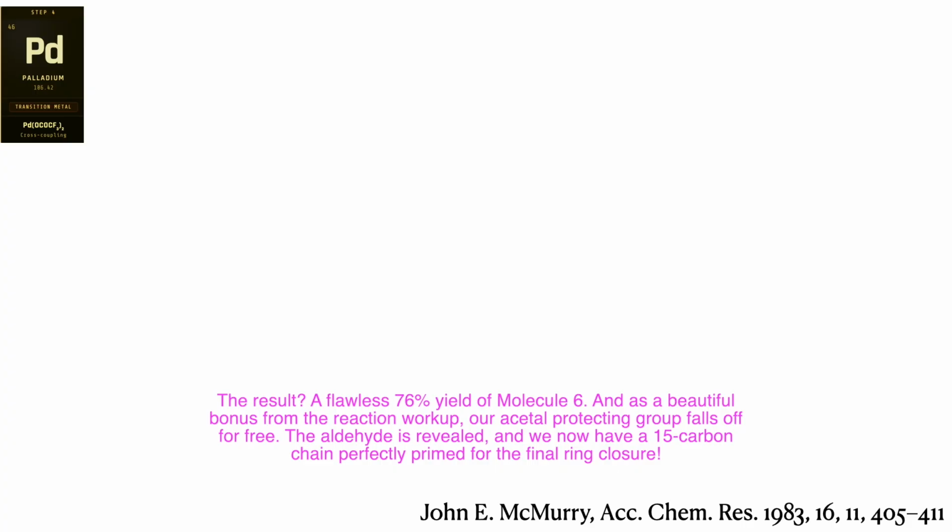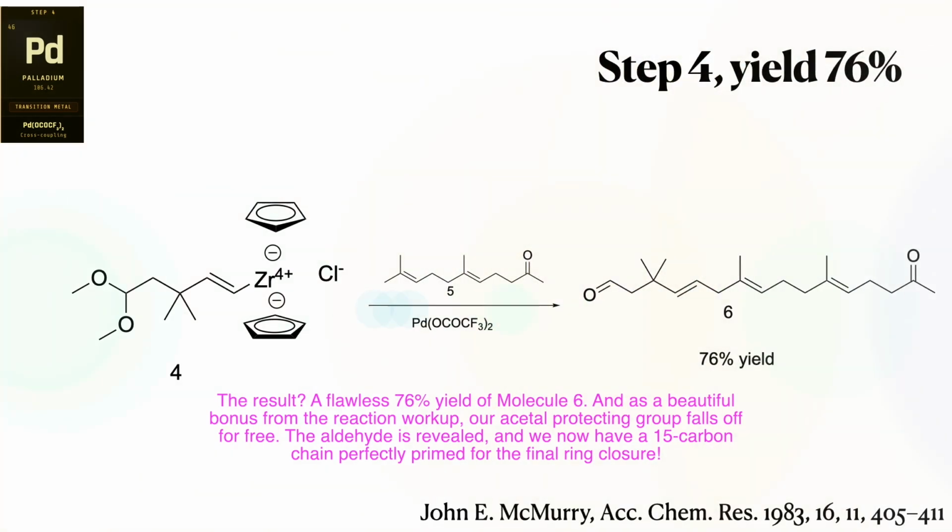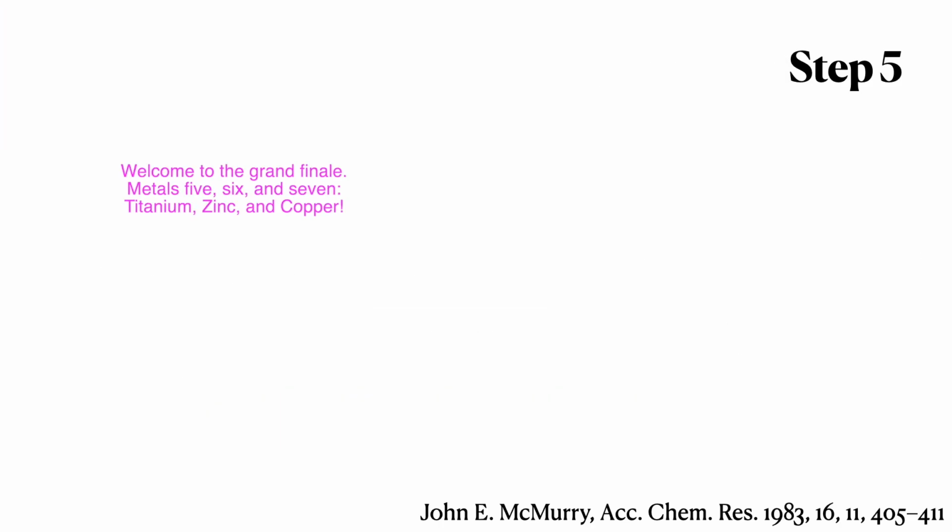The result? A flawless 76% yield of molecule 6. And as a beautiful bonus from the reaction workup, our acetal protecting group falls off for free. The aldehyde is revealed, and we now have a 15 carbon chain perfectly primed for the final ring closure.